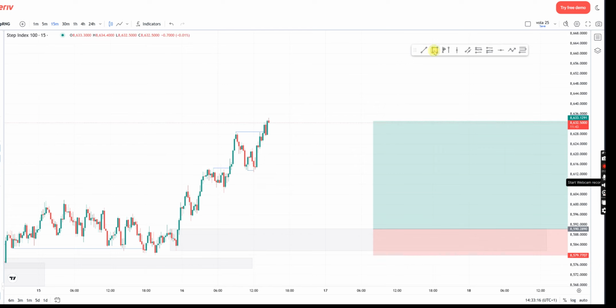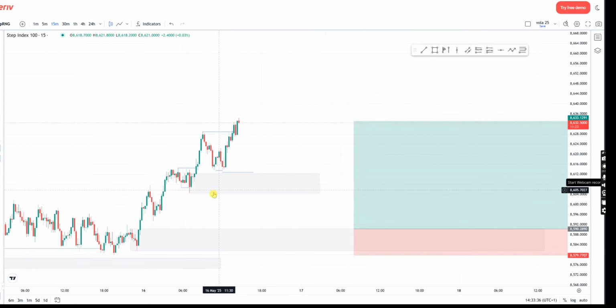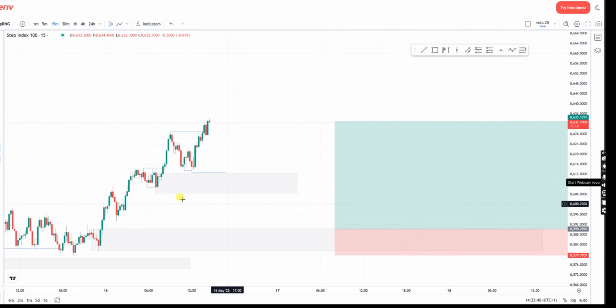Yeah, there was a low. What is this? This is the break of structure and this is your POI. What do you expect? The market to pull back into that area. And you say this is a structural liquidity, and this is your sweep of liquidity. But will I take this trade?